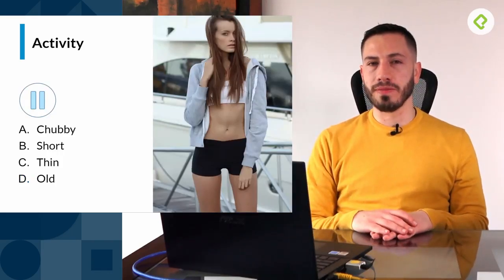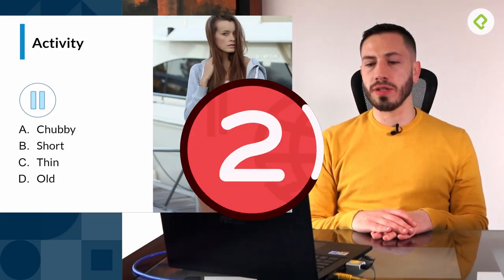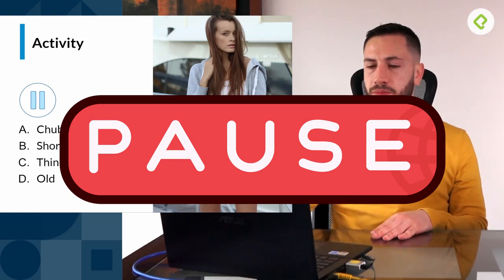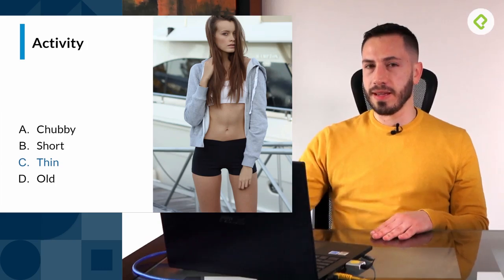How about this one? Look at the picture. Look at the woman. Would you say she's chubby, short, thin, or old? I would say she's thin, right? Would you agree? Number 3.